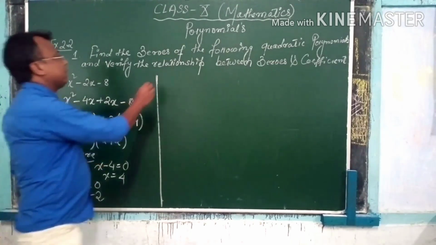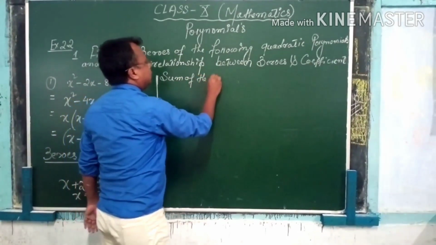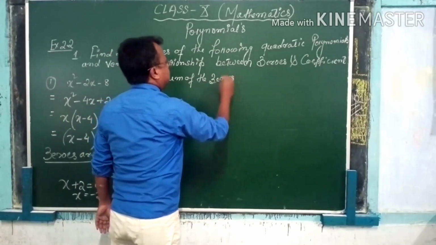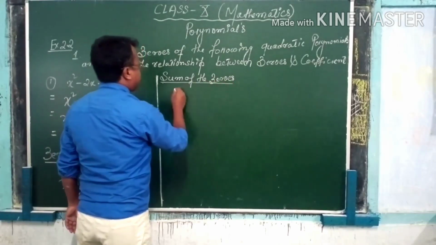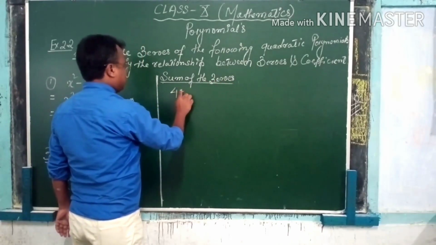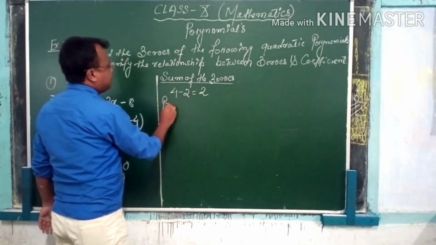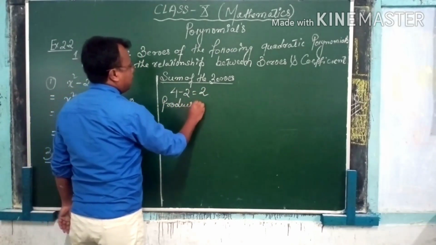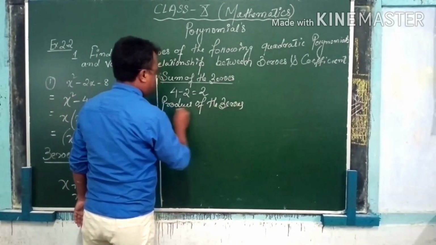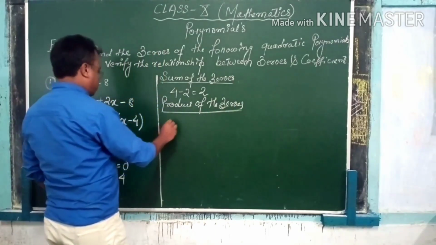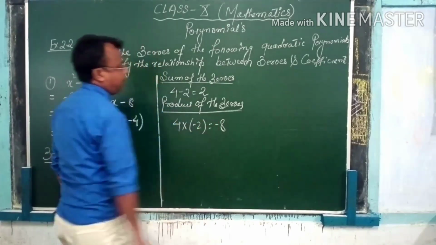So what is the sum? Sum of the zeros is what? 4 minus 2, so is equal to 2, and product of the zeros is 4 into minus 2, so is equal to minus 8.